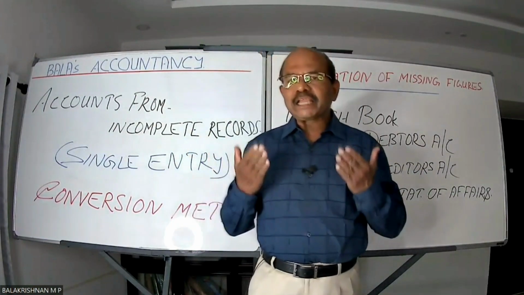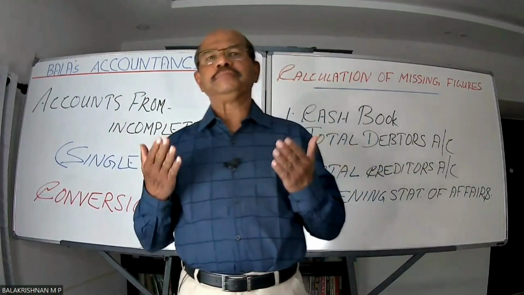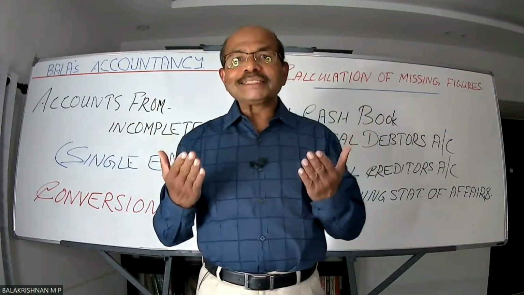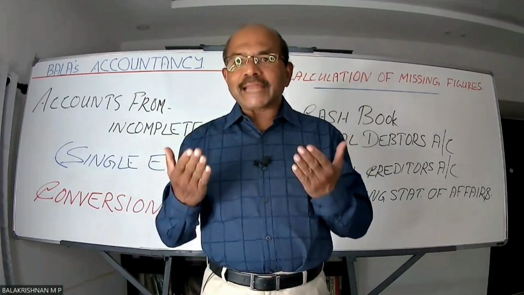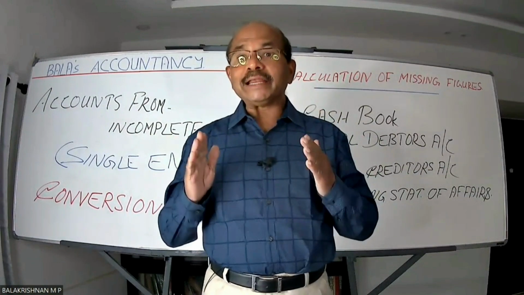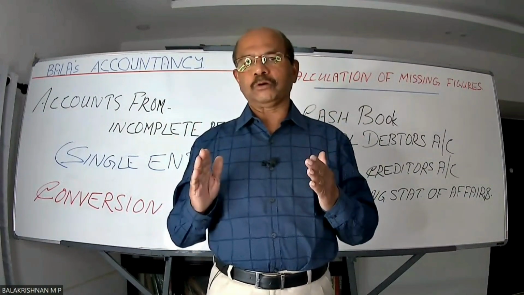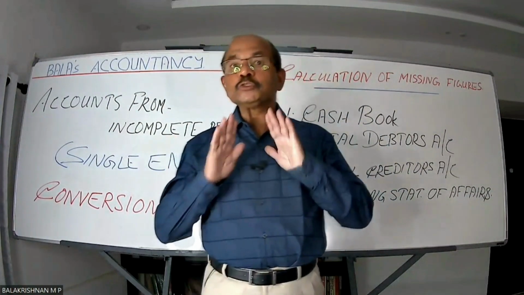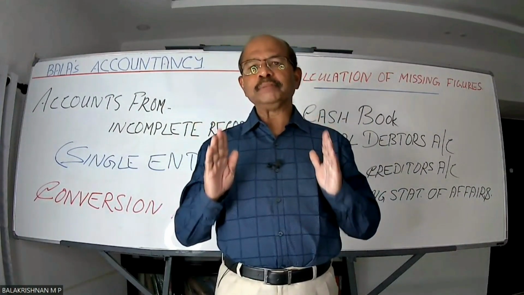Let us just recapitulate the features of this sum. Number one, we opened a bill receivable account in tandem with the total debtors account. It has been clearly indicated in the question that there is no opening balance in the bill receivable account.